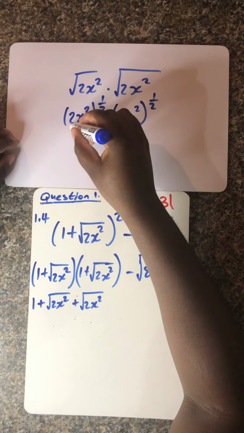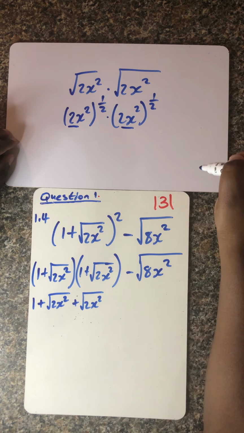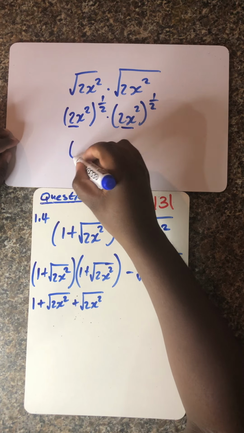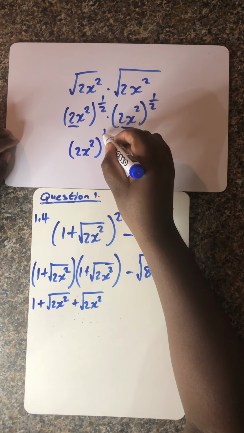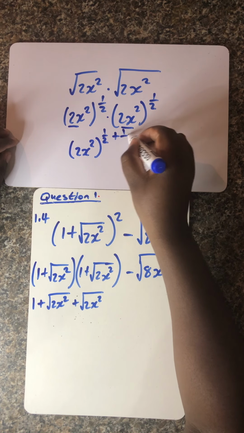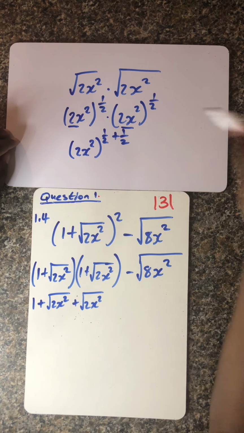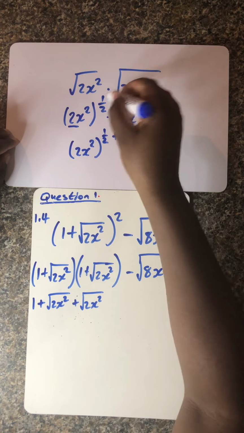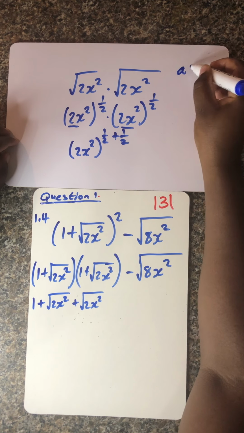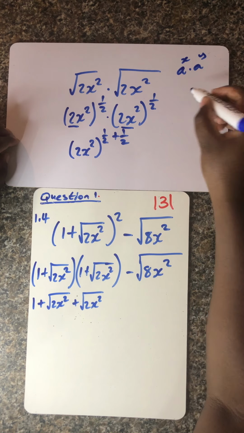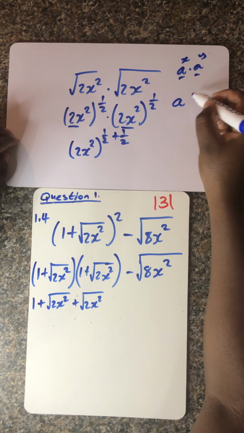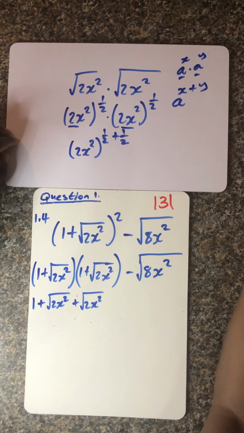Remember guys, these are the bases which are the same. So that means you actually have 2x squared to the exponent 1 over 2 plus 1 over 2. Why? Because the bases are the same, you add the exponents. That rule I've taught it, ladies and gentlemen. If this is x, this is y, then the bases are the same, then it's a, then you just add the exponents.